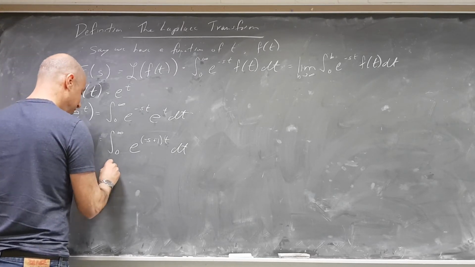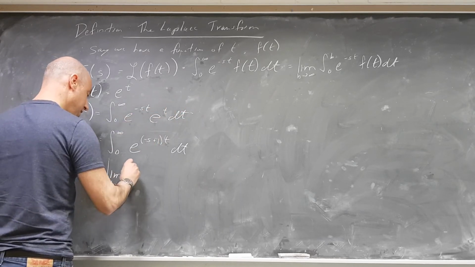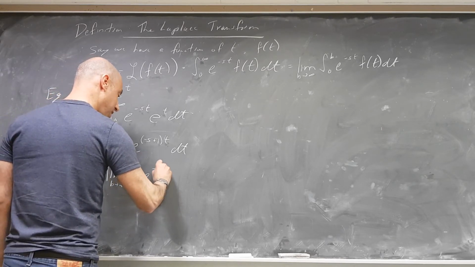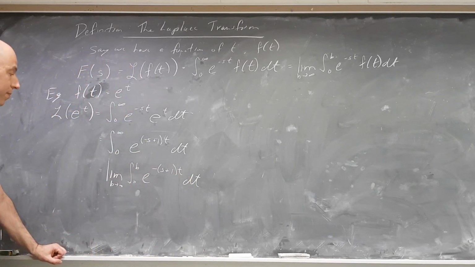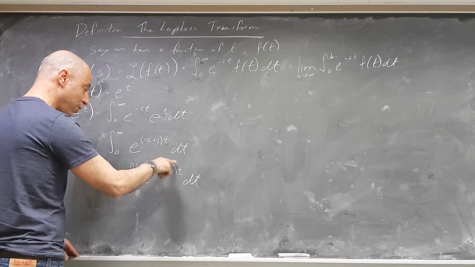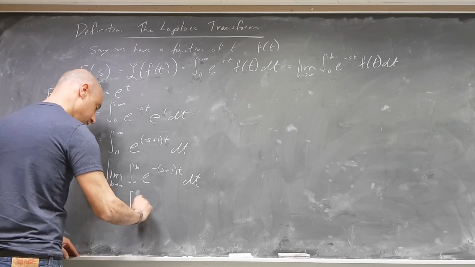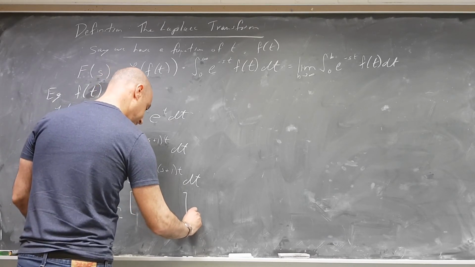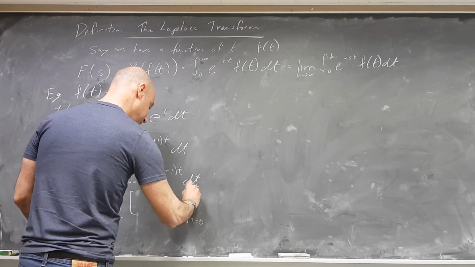And as I said, this is really the limit as b goes to infinity of the integral from 0 to b of e to the minus s plus 1 times t dt. And so it's time for us to go ahead and take an antiderivative inside. So limit as b goes to infinity, t goes from 0 to b.